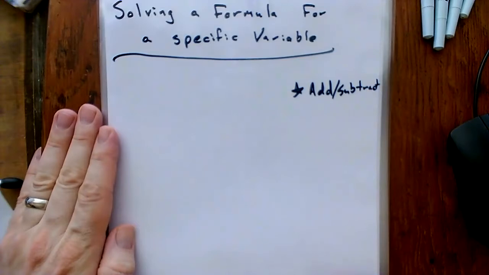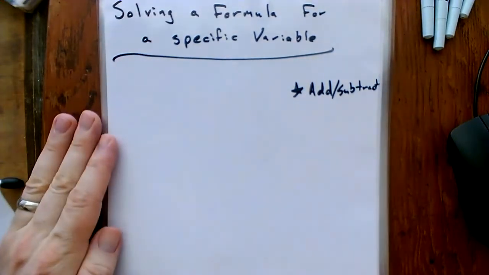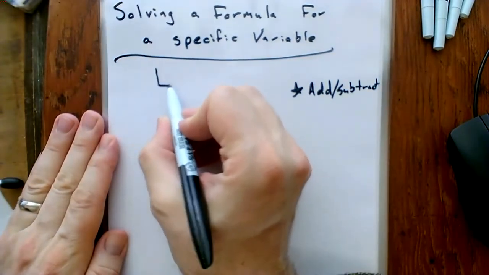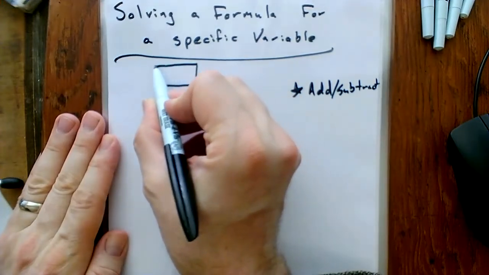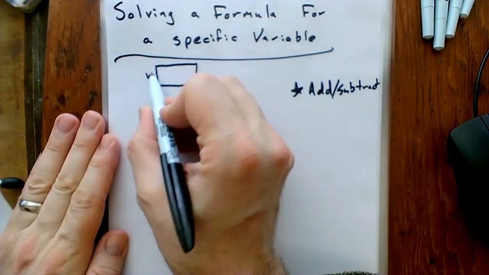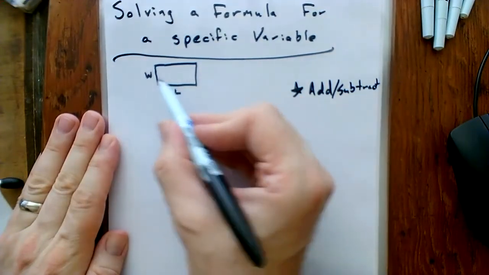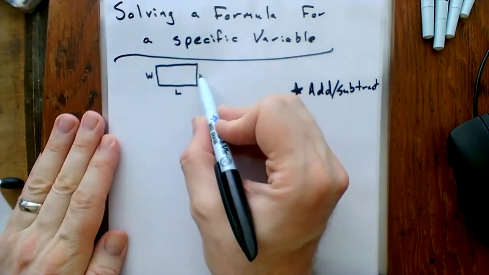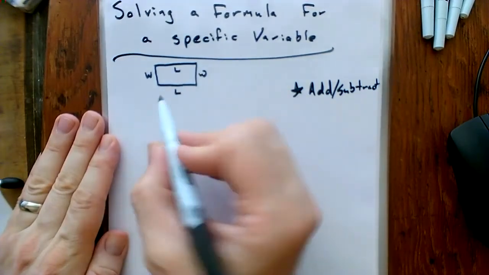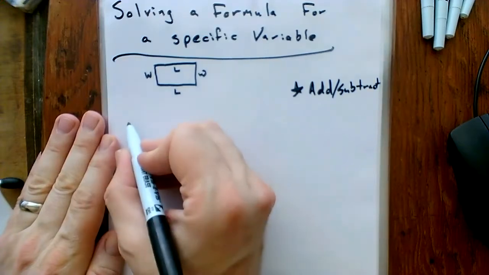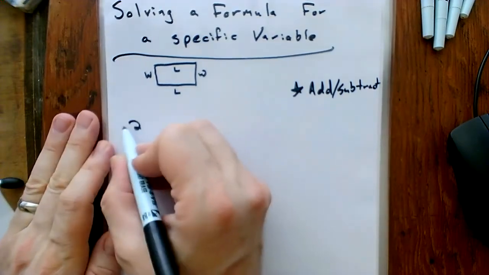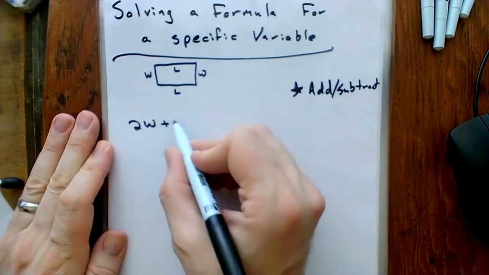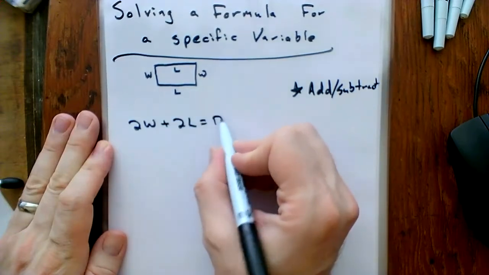So let's take the formula for the perimeter of a rectangle. If I've got a rectangle, the distance around, I've got my width, I've got the length. So if I were figuring out the distance around, I'd have the width plus the length plus the width plus the length, or I would say that my perimeter would be 2w plus 2l is equal to my perimeter.